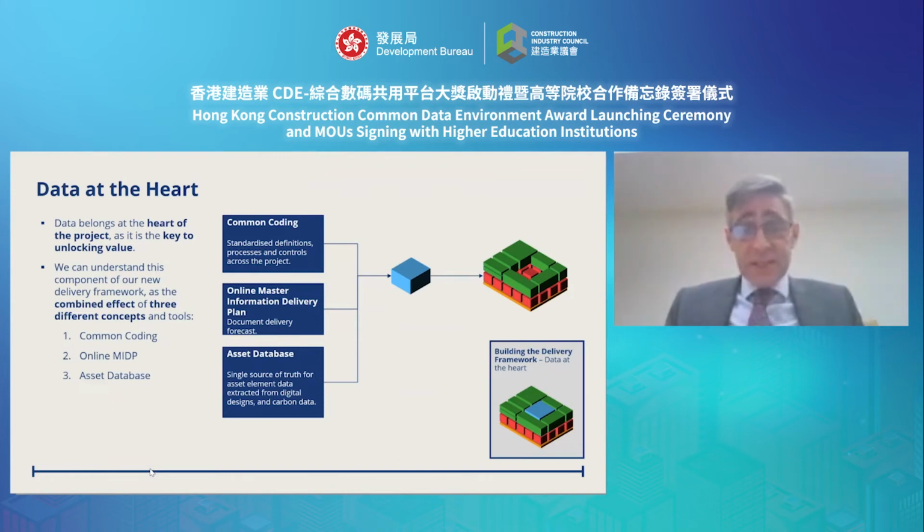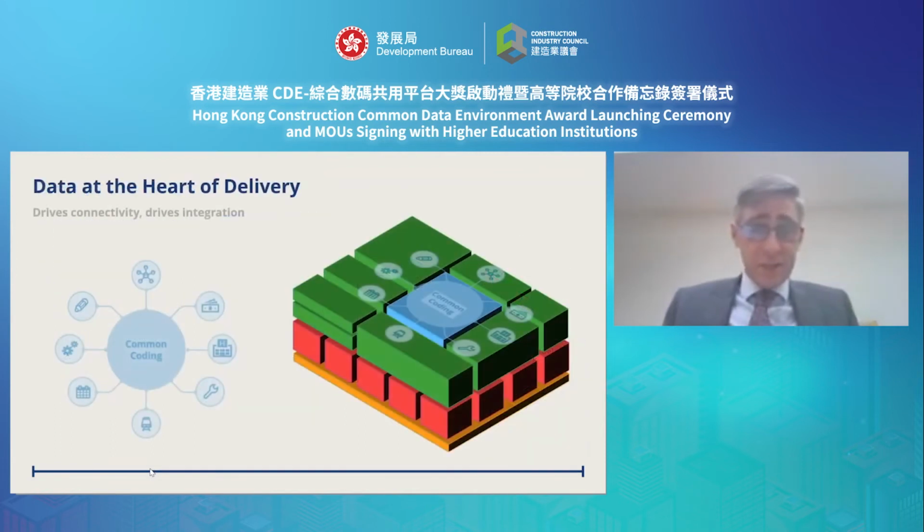And how to get the data interoperable? Well, a large part of it is to do with common coding and having a common approach, so that even though data might come from different sources, it can come together in a way that fits. So with data at the heart of delivery, driving connectivity, driving integration, you can see that this common coding, enabling the interoperability of data, is really key.